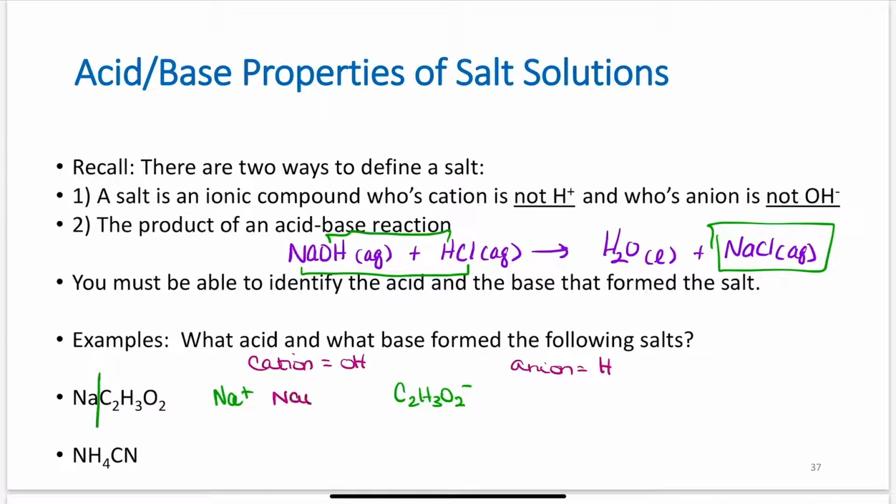So, NaOH, and I never remember how you guys actually write acetic acid because I don't write acetate like this, but C2H3O2H, I would write this as CH3COOH, same thing, but acetate becomes acetic acid. Sodium ion from sodium hydroxide.